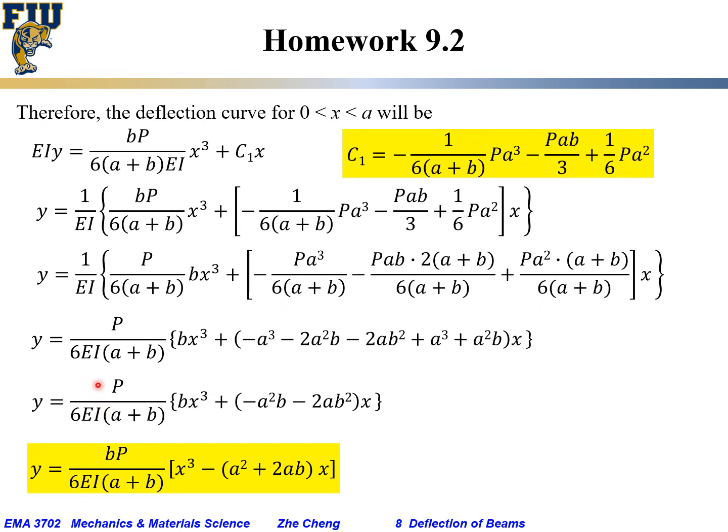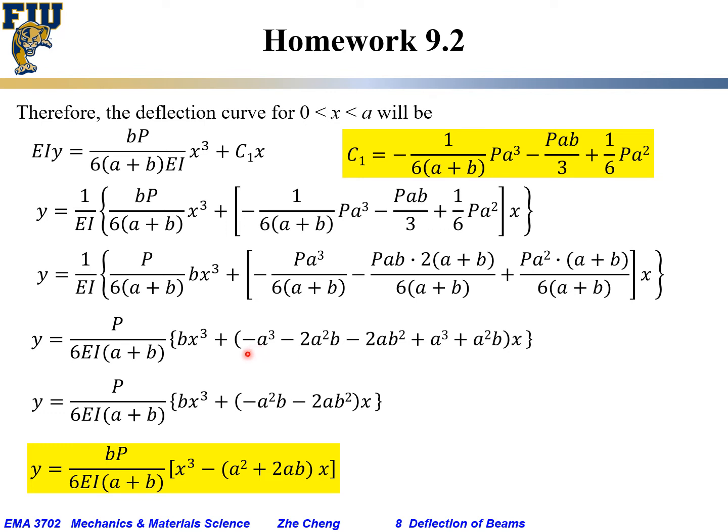Every term has 6ab, so 6ab also in the front, and P also in front, so we have b x cubed. This one would have minus a cubed, this one we expand, would be minus 2a squared b, and then this one would be minus 2a b squared, don't forget the minus sign, and then plus a square (a plus b), plus a cube, and then we have x for this term.